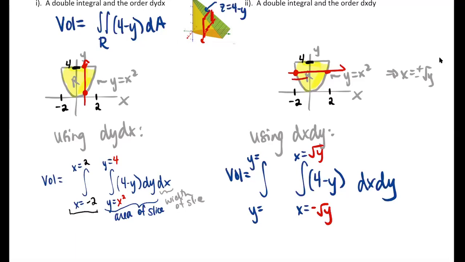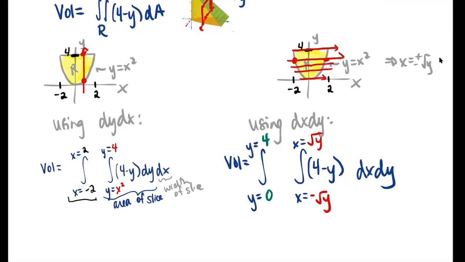And then I imagine all the places that I could slice this and think of what's the smallest y value and the largest y value where I could make a slice. And the smallest one is going to be 0 and the largest one is going to be 4. So either of these are equivalent. Either way, we're going to get the volume at the end of the day, once you do the integral, and I don't think either one's much easier than the other.